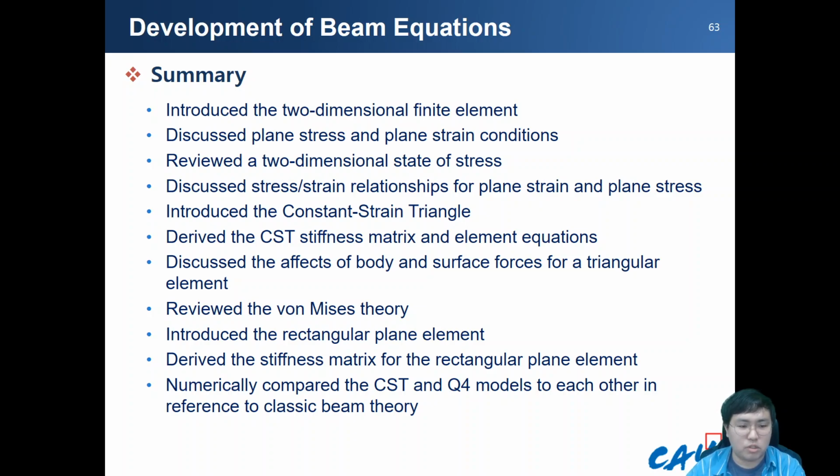Sometimes the triangle element can suggest a more accurate solution. This is a more advanced topic. Anyway, in our 2D structural analysis, the QPO element can suggest a more accurate result. So this is the end of the lecture on 2D structural analysis.